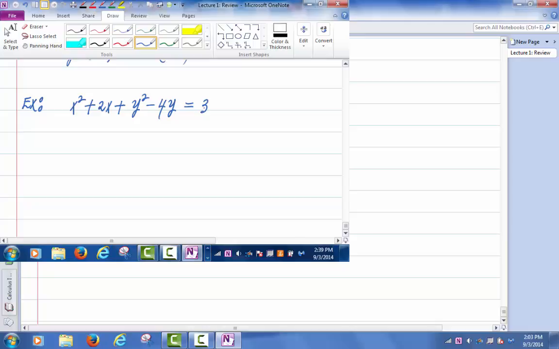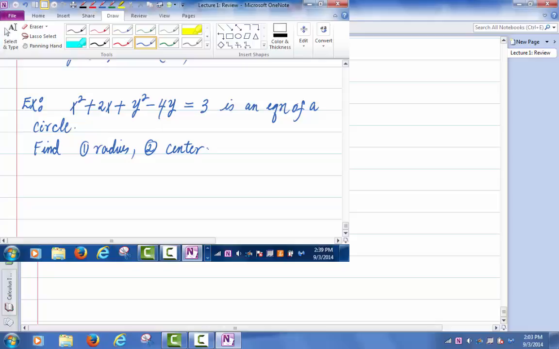And let's say you are told that this equation is the equation of a circle, and let's say your job is to find one, the radius, and 2, the center. How would you find the radius and the center if you are given the equation of the circle?